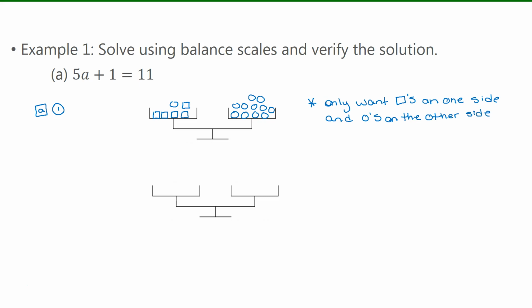So in order to do this, I'm going to have to take away the circle here on the left. Now in order to keep my scale balanced, I'm also going to have to take away a circle on the right as well. Now I'm going to take the remaining circles and divide them into equal groups.